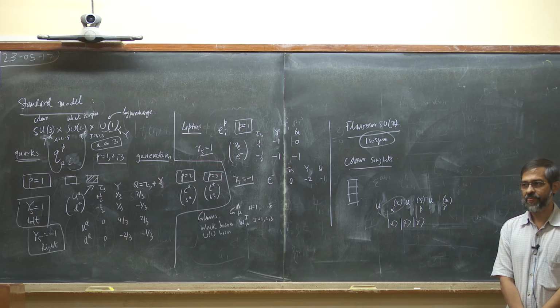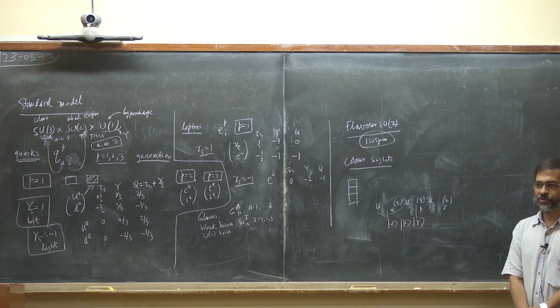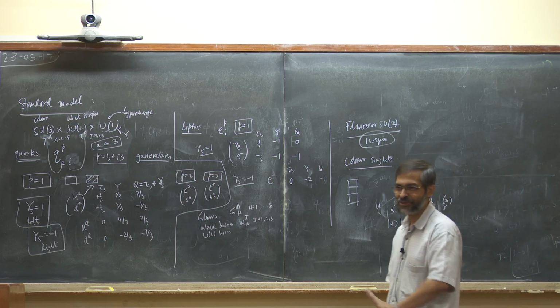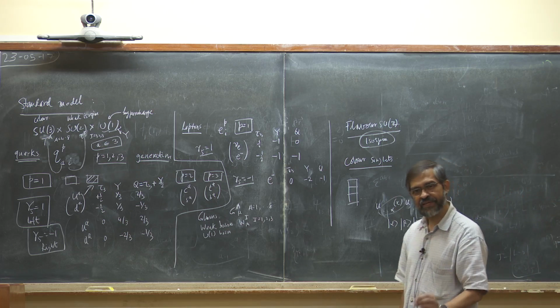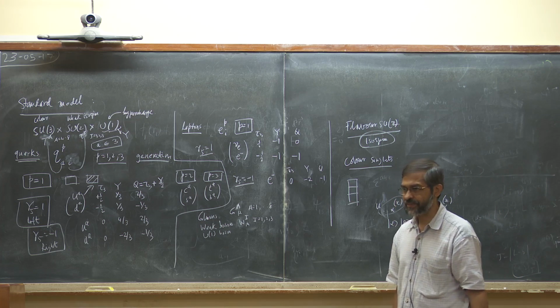I am assuming the bound state, which is a very hard proof. I am not going into that at all, I am just saying how I construct a color singlet.